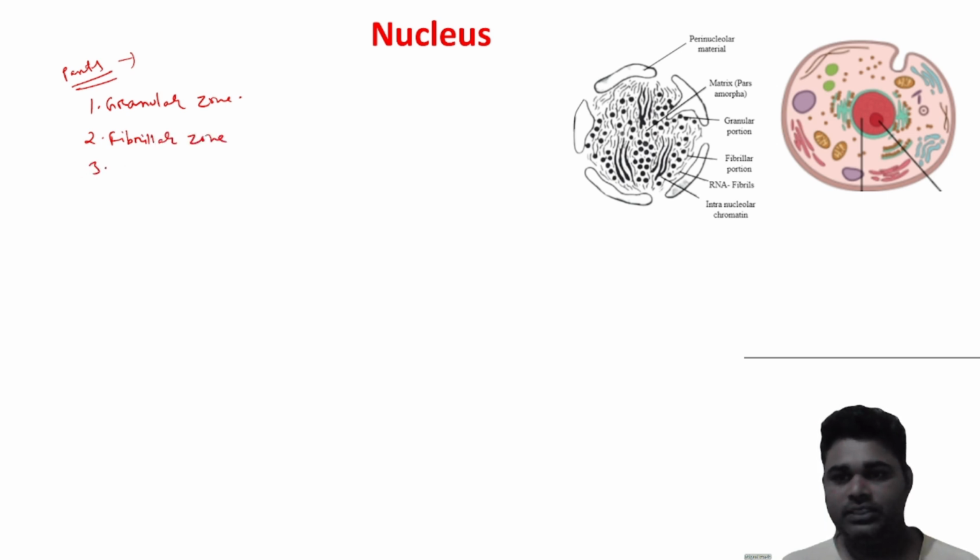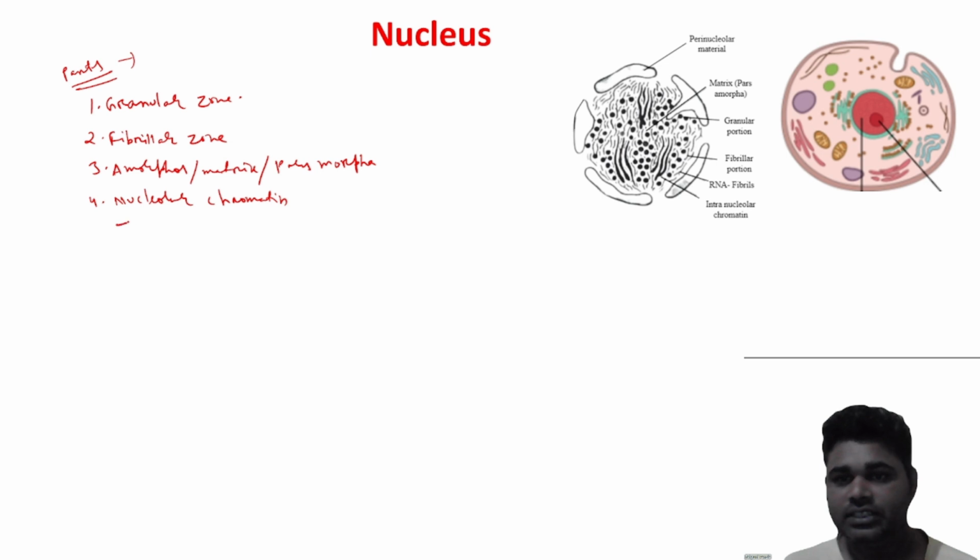The third one is called the amorphous, or simply you can say the matrix, or pars amorpha, and the fourth one is called the nucleolar chromatin.